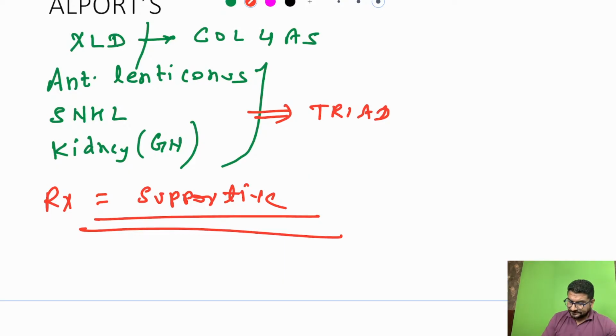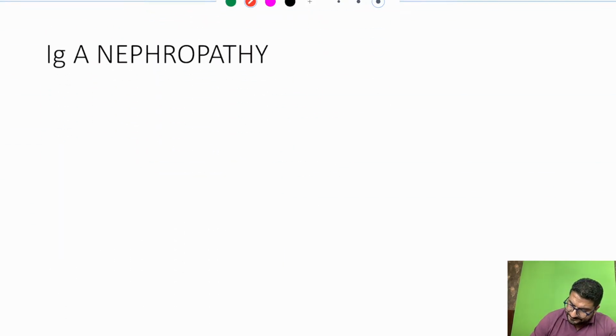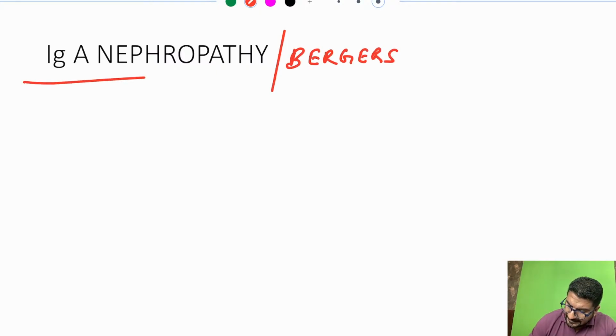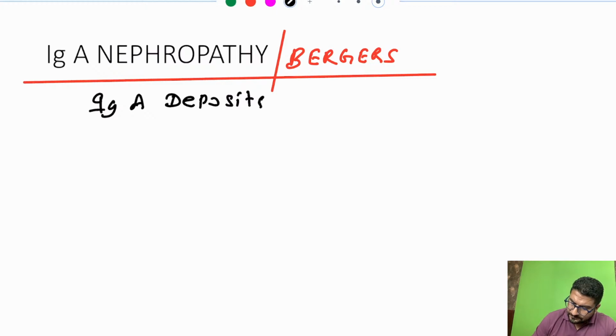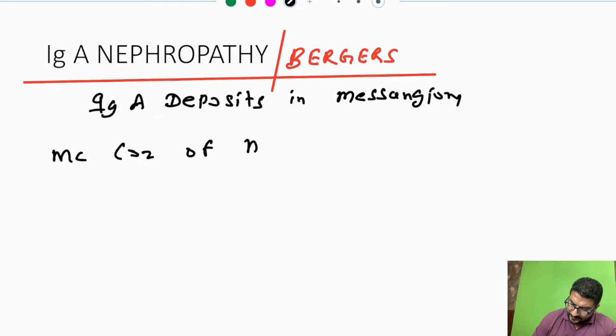You can't do much. Moving to IgA nephropathy, also called Berger disease. In IgA nephropathy you will find IgA deposits. This IgA will be depositing in mesangium, and this is the most common cause of nephritic syndrome.